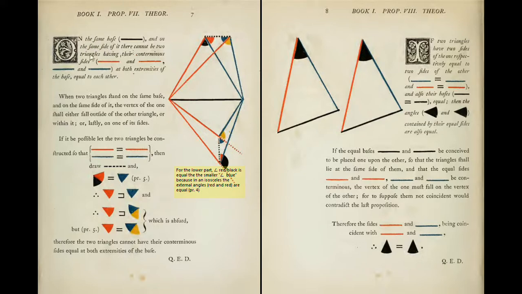On the same base and on the same side, there cannot be two triangles having their co-terminating red and blue sides. So assume each triangle has a red side and a blue side. At both extremities of the base, so one terminates on this side of the base and one terminates on this side, possibly, and these sides being equal.